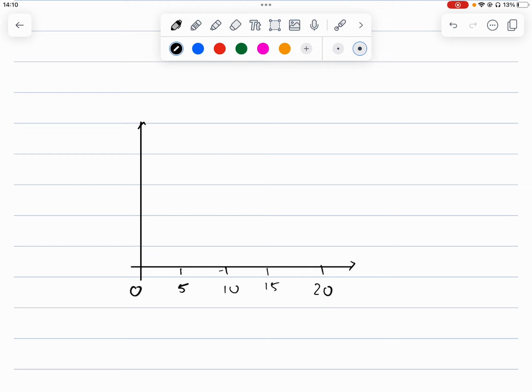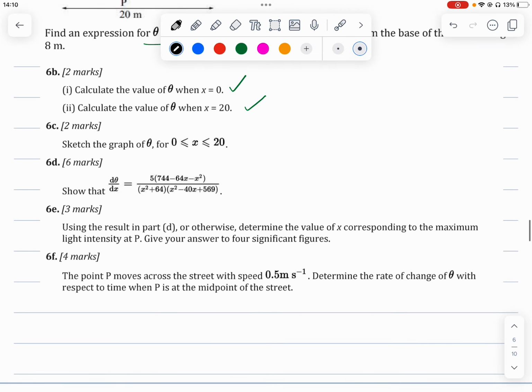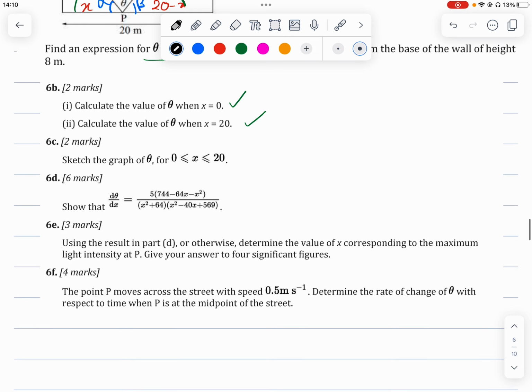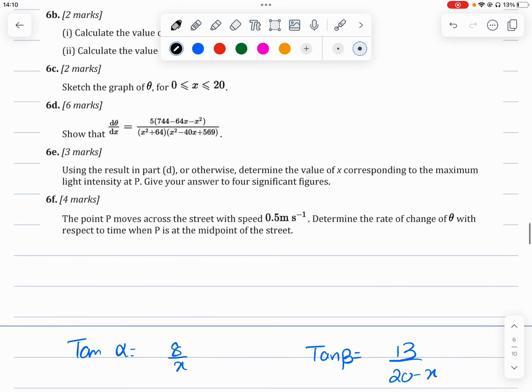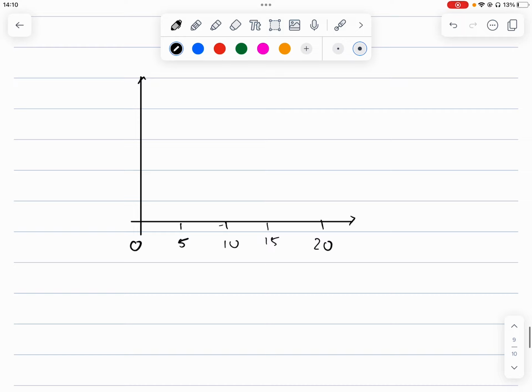Now he is asking us to find the graph for the theta value, for x from 0 to 20.